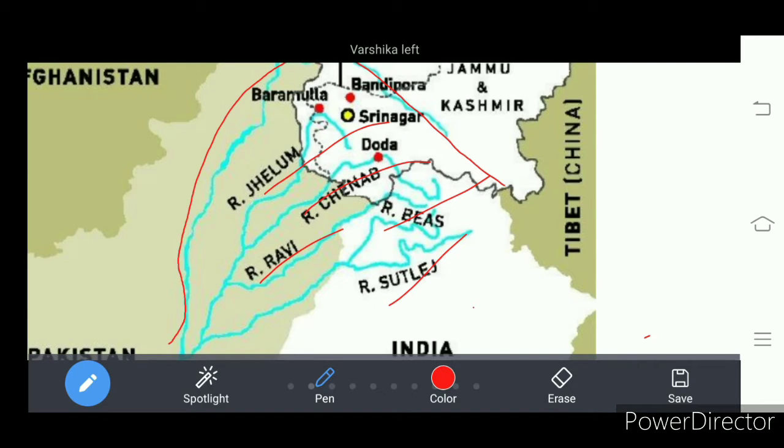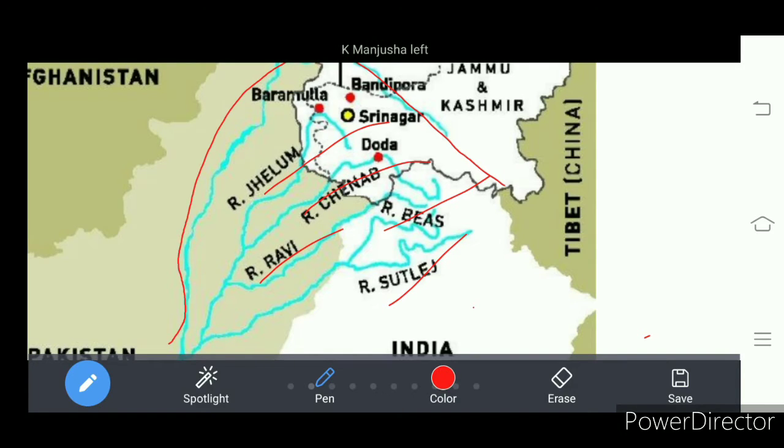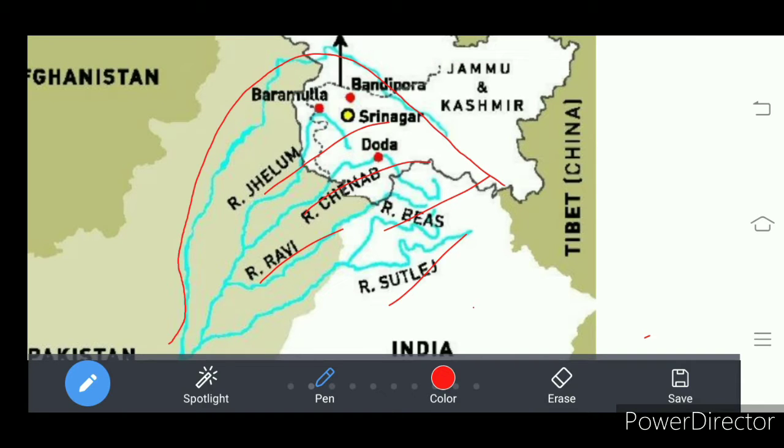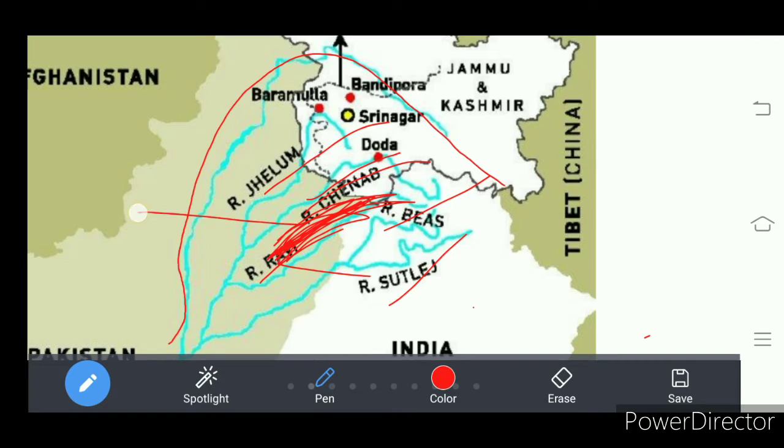Understand? So between these tributaries, we have some fertile land that is called Doab. Look at here, between the Chenab and Ravi. This is the place I am shading. Such places are called Doab.